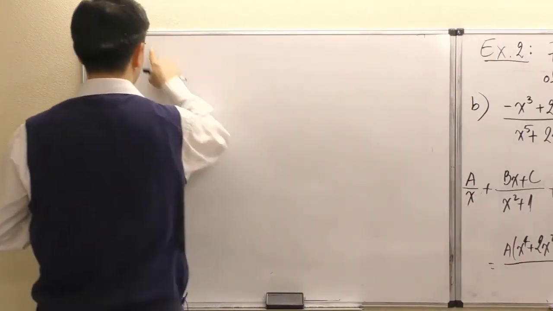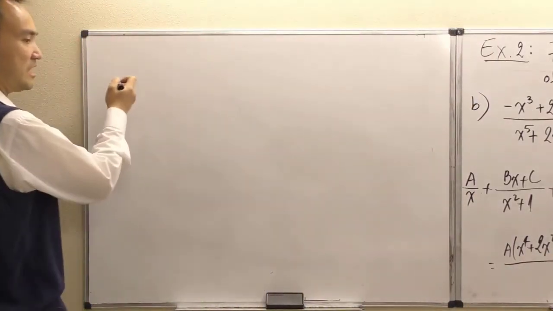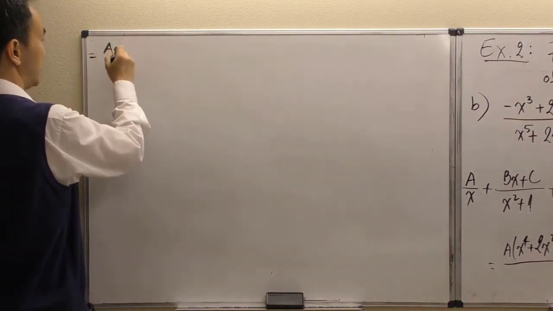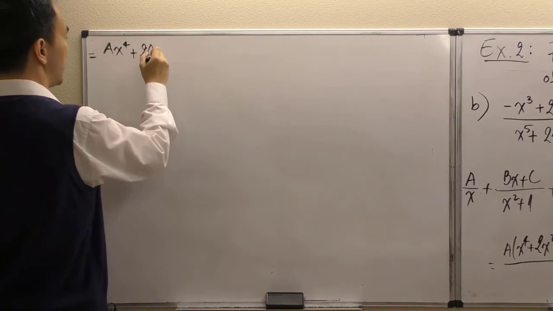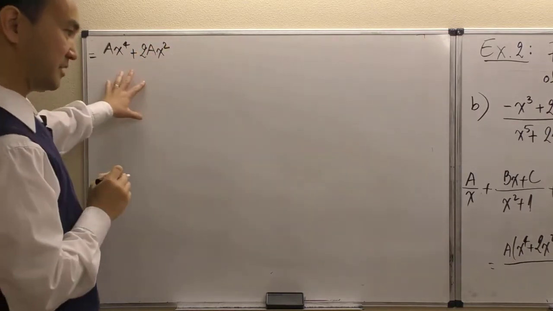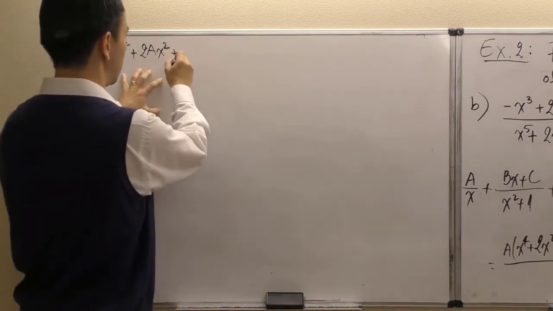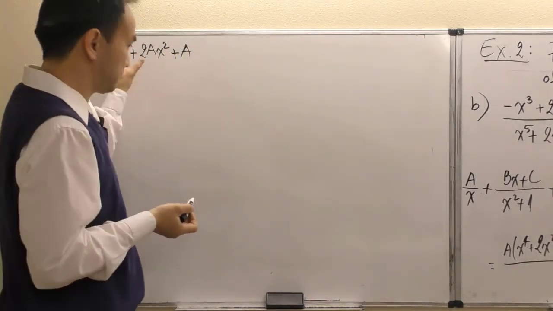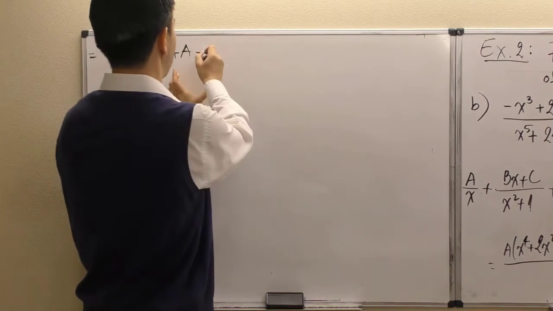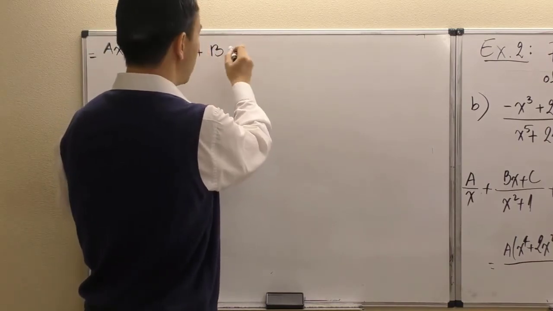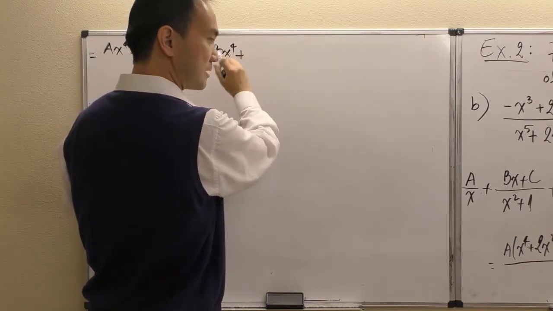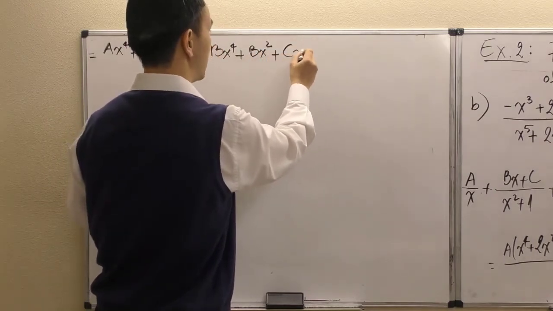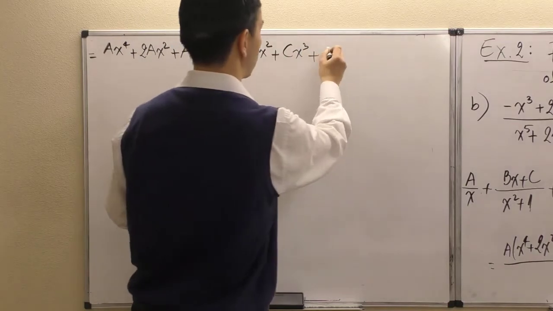All right, and so in my next step, let's continue. So here I'm looking at a x to the fourth plus 2a x squared. And let me carefully double check my step right here because I make errors just like anybody else. So, and plus, now I'm looking at bx to the fourth plus bx squared plus cx cubed plus cx.